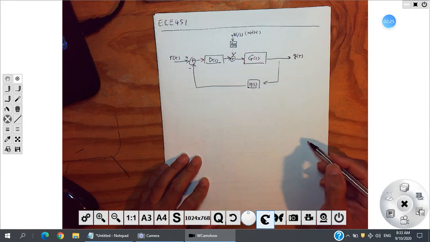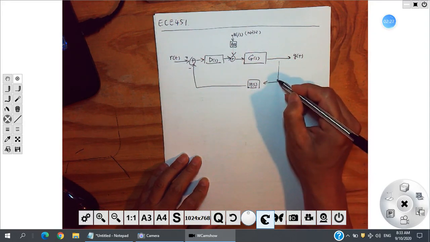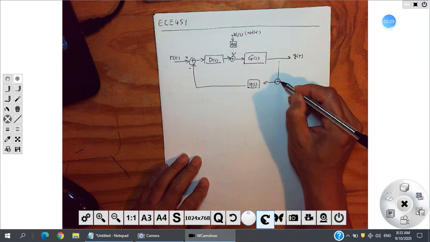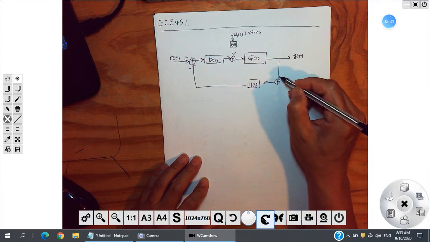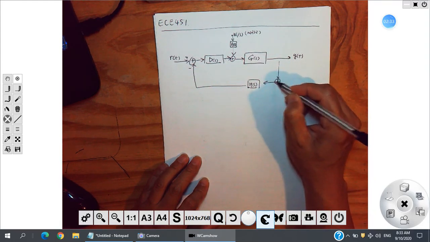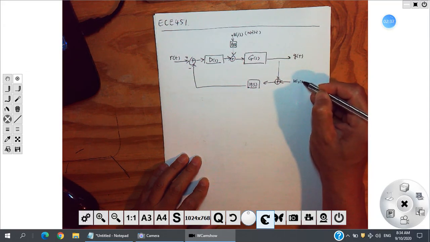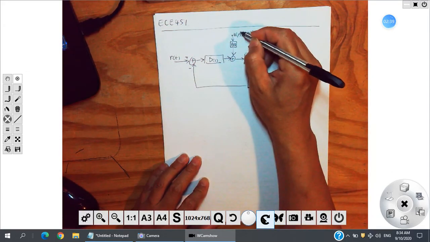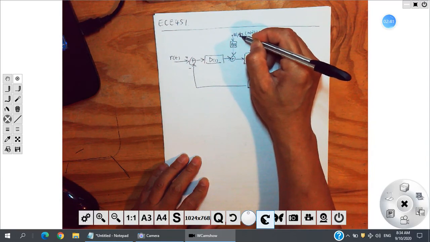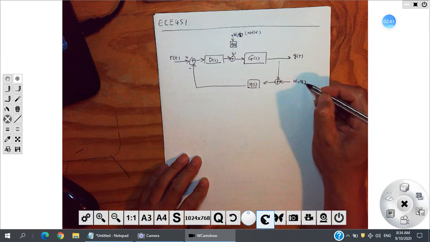And if you want to consider a more complex case, here you can have another W2, in the S domain W2 of S. This is also a noise.